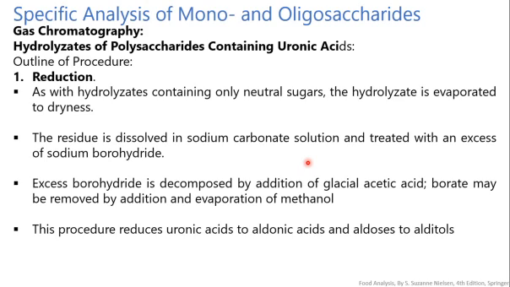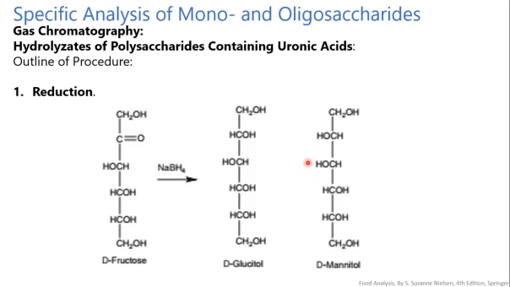The excess borohydride is decomposed by addition of glacial acetic acid, and borate may be removed by addition and evaporation of methanol. So this procedure reduces uronic acid to aldonic acid and aldoses to alditols. So this is the reaction where D-fructose undergoes reduction and gives rise to D-glucitol plus D-mannitol.